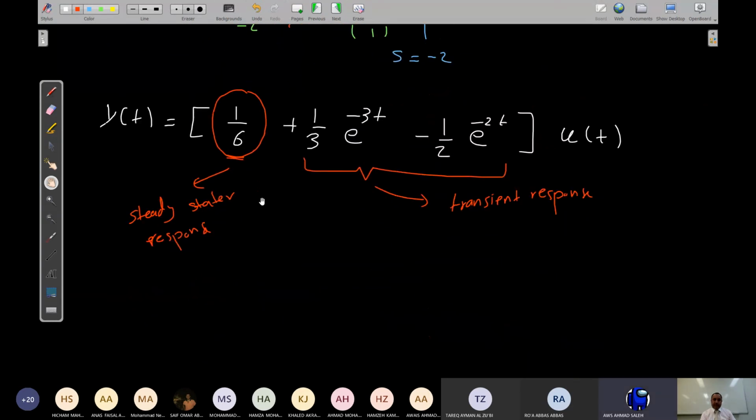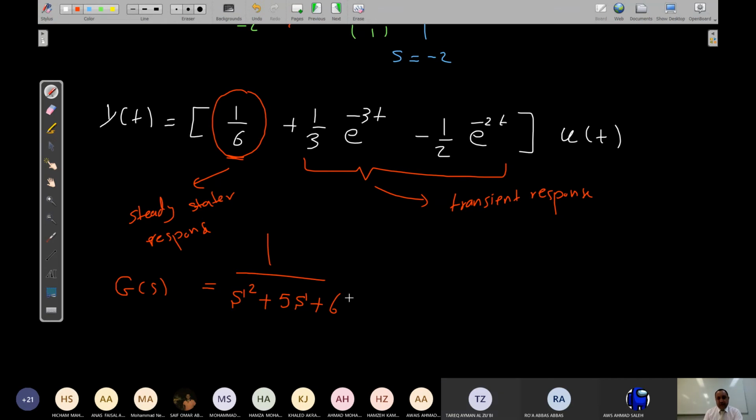So now let's see the relation between this value and the transfer function evaluated at s equal to 0. Do you remember g of s was equal to what? It was 1 over s squared plus 5s plus 6.